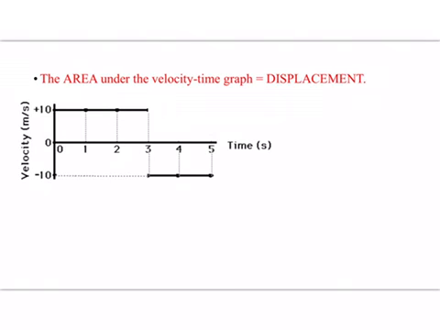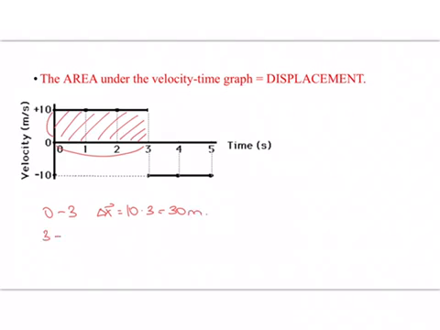Now let's find the displacement of an object whose velocity time graph is as follows. From 0 to 3 seconds, the area under the graph will be here. So the area is equal to 10 times 3, which is equal to 30 meters.